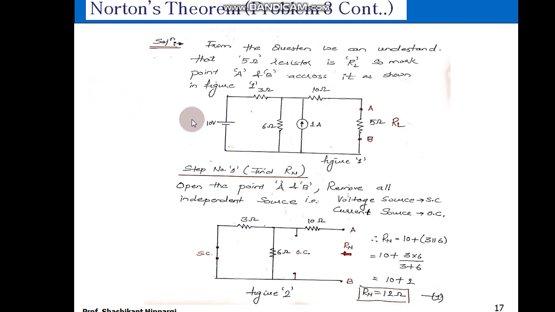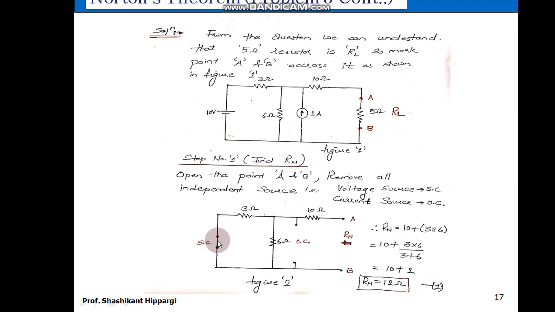So here we have two independent sources, one is the voltage source, the other one is the current source. If I remove the voltage source, it should be short circuited. See here, this is replaced by a short circuit. And if I want to remove a current source, it should be open circuited. See here, open circuit where the current source was available.